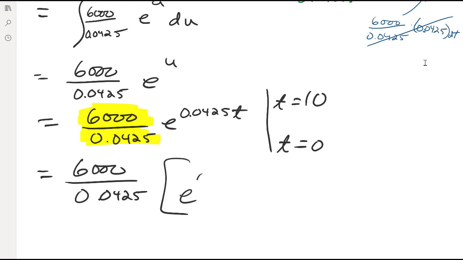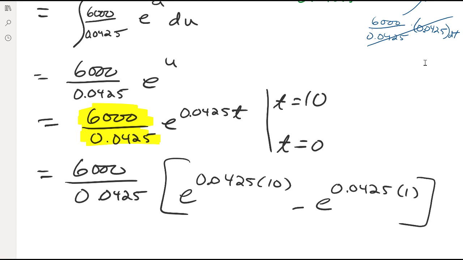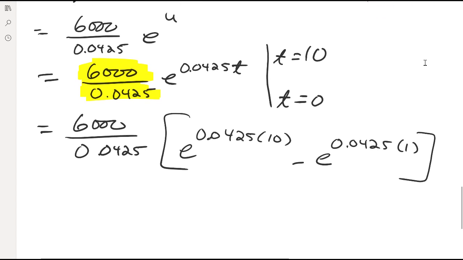It's going to be e to the 0.0425 times 10, minus e to the 0.0425 times 0. So once again, I can pull out that 6,000 over 0.0425.